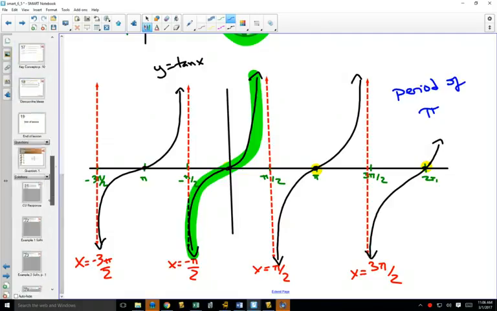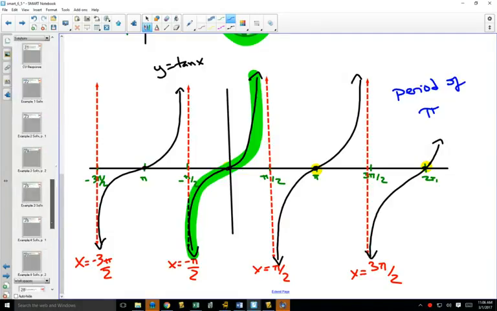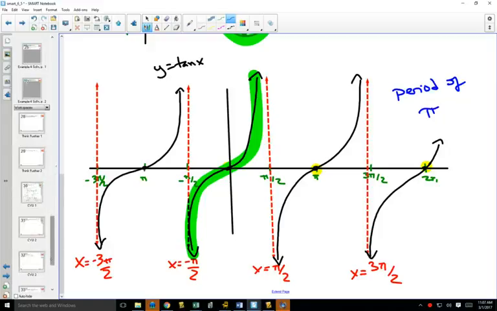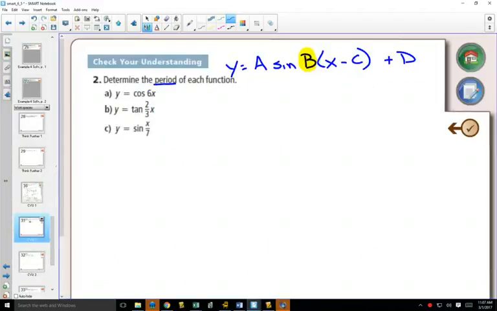So now when we go to this example, this example says just determine the period of each function, but what we're going towards and we're starting to develop is how to graph these functions. So we're not only going to say what the period is, we're also going to graph these. Okay?